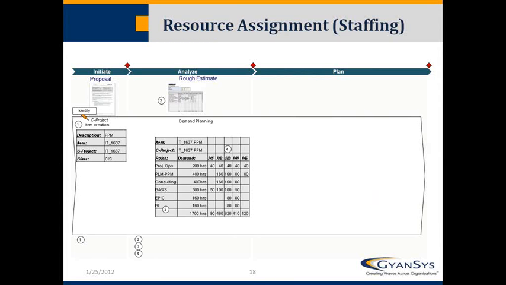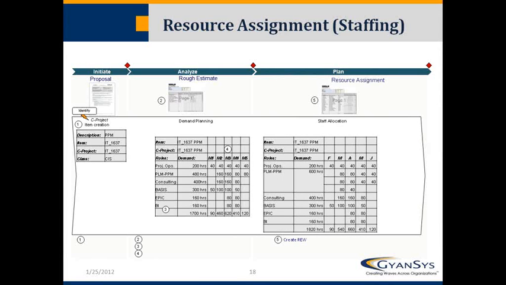Then we want to start breaking out that estimate into a little bit more detail. And so we break down, for example, some of those roles into our lower level of role within the project management component of PPM. So to start with, we're in the portfolio item where you can throw data in very, very quickly.